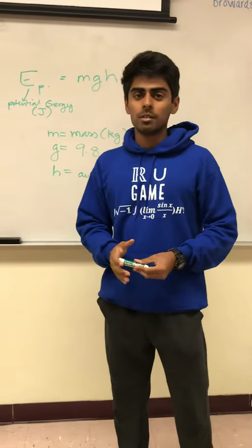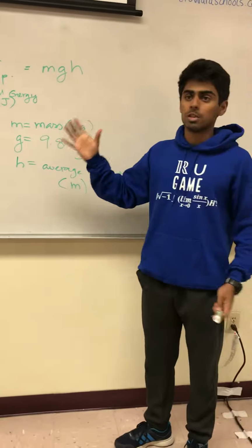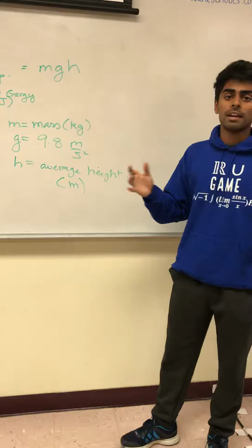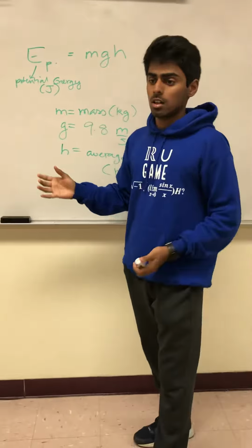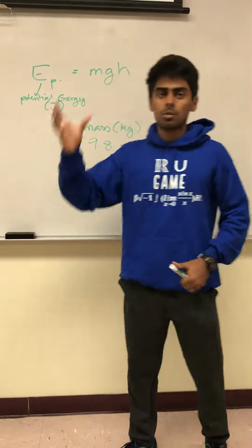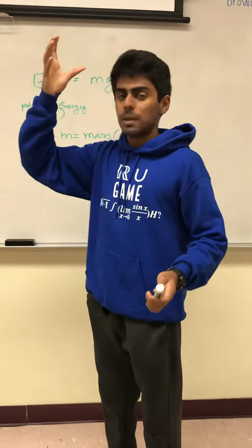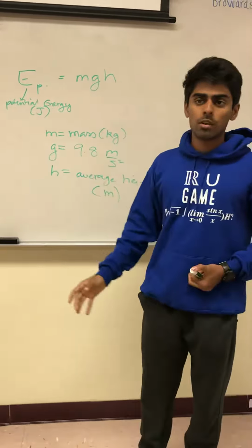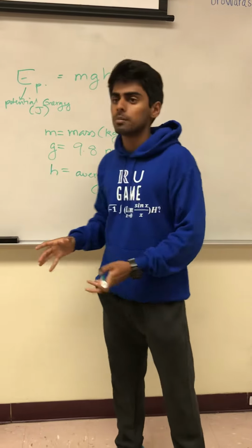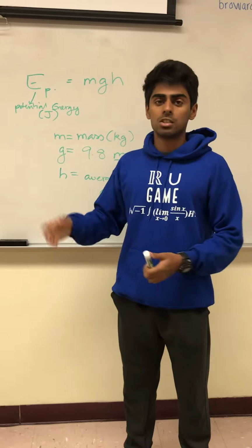So water, because of its height, because of its location, will have a certain amount of energy, and that energy can be harnessed. There are various ways to do it. Water is made to flow from higher ground to lower ground, and when it comes to the bottom, it turns a turbine.